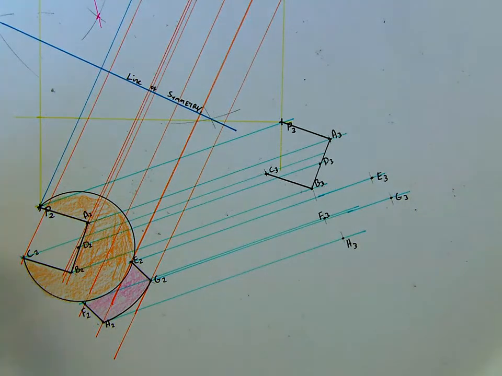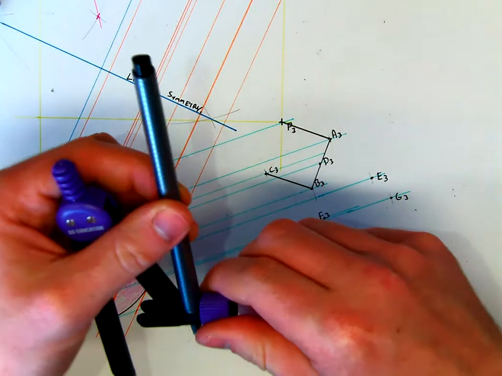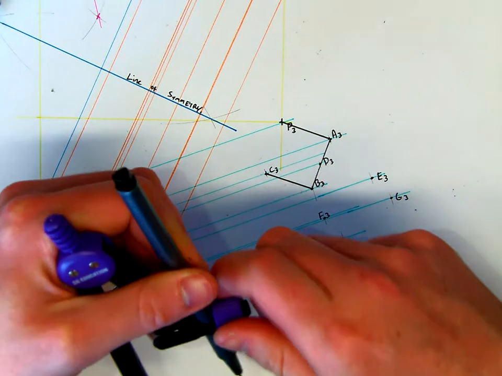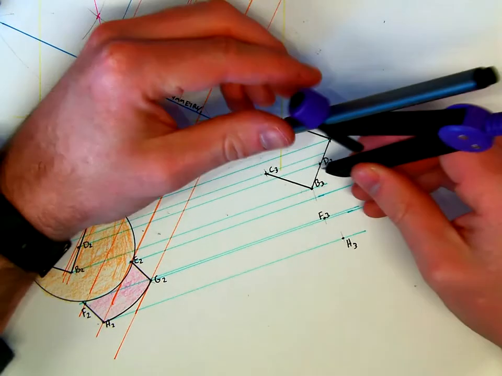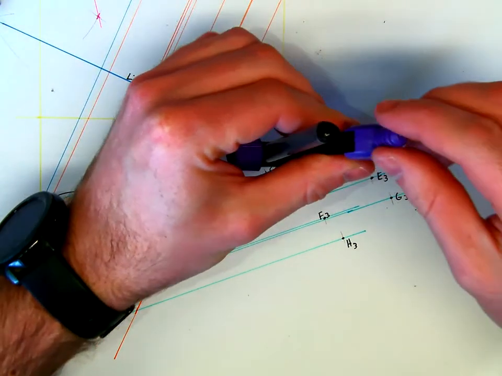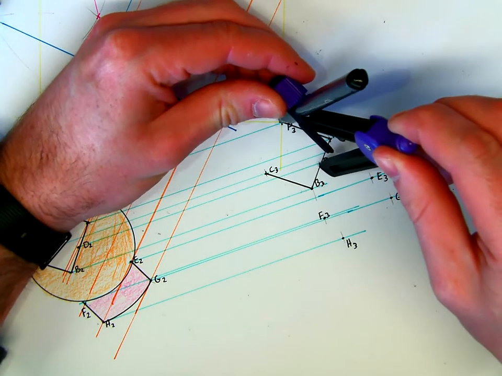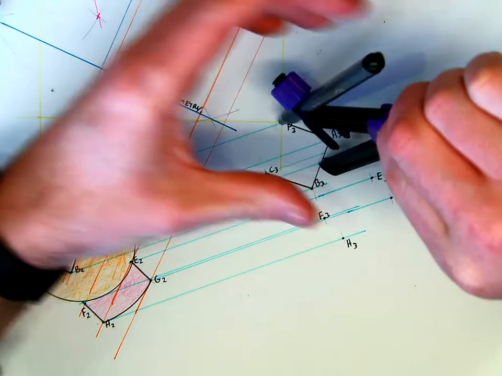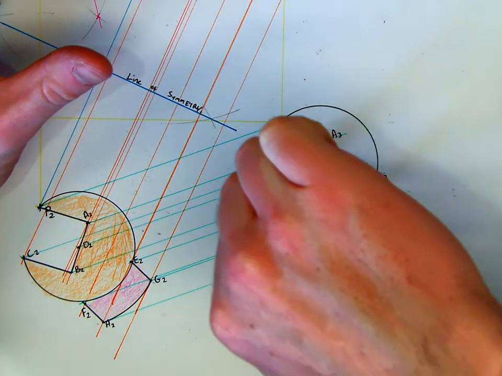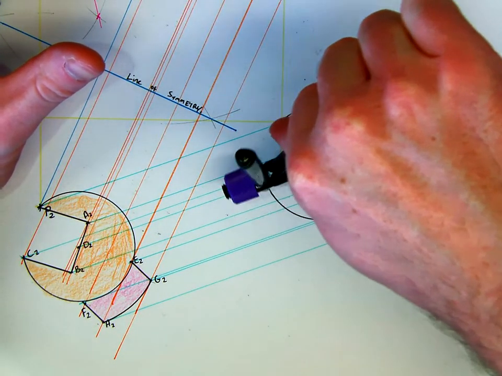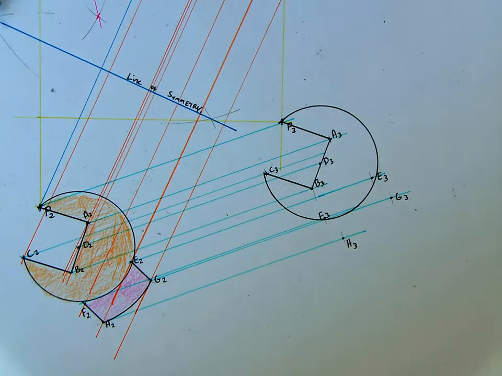So this is going to be the exact same image redrawn somewhere else on the page. And this is called a translation. So my compass goes on D, stretch it out to P, swing that around like so.